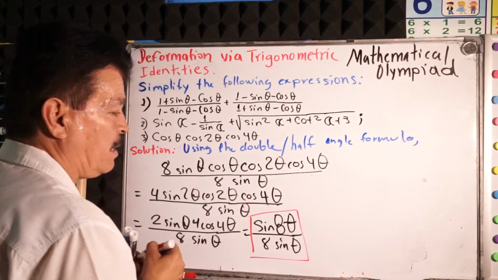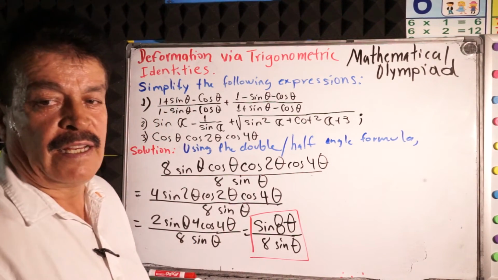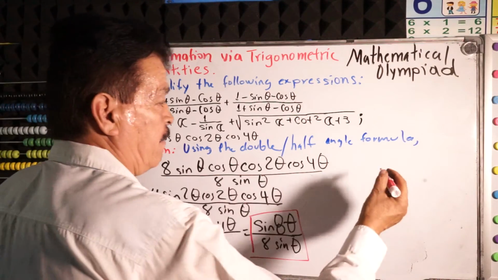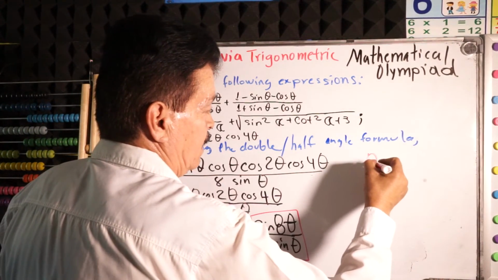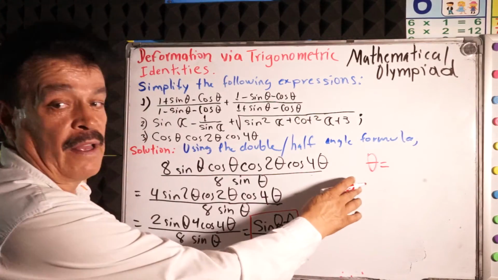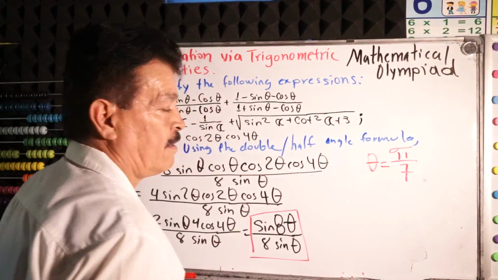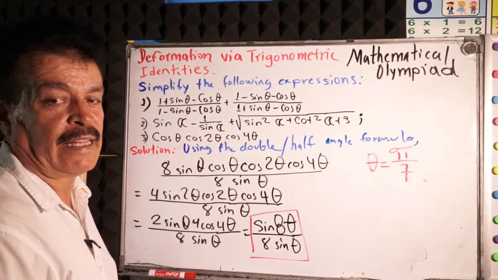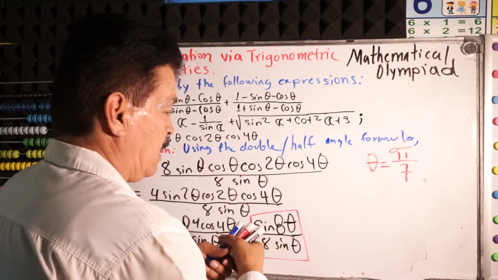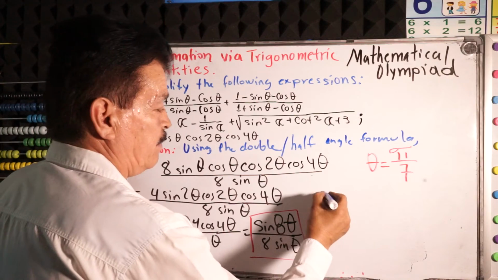But what I mean by this, for instance, let's take this angle equal to pi divided by 7. Right? If the angle is equal to that, let's get the cosine here.